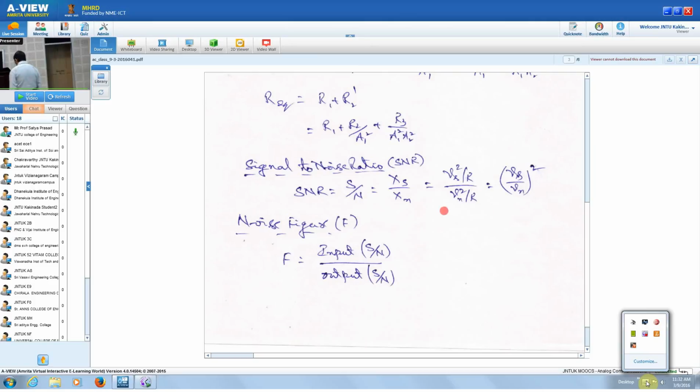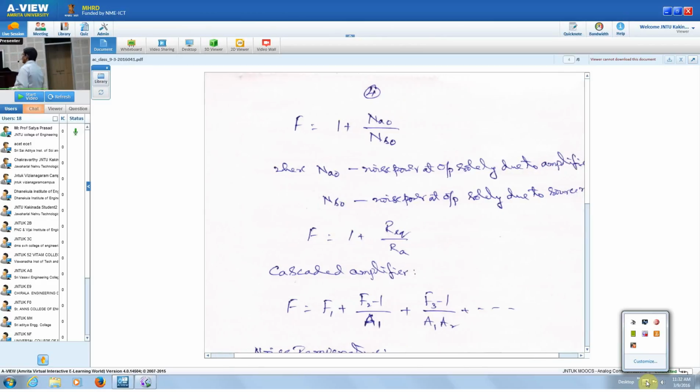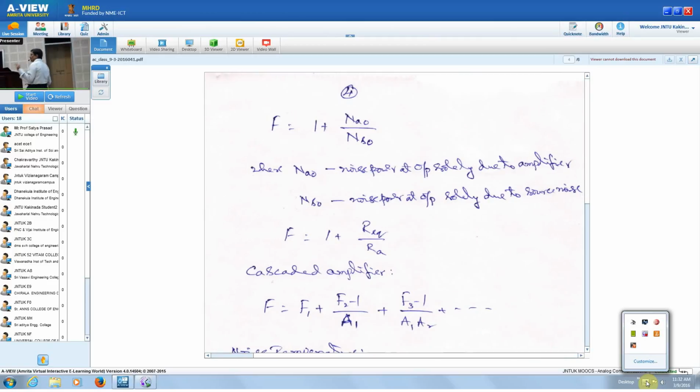So you have two receivers, one with a noise figure of 20, another with a noise figure of 50. Which one is a better one? One is with a noise figure of 20, another one is with a noise figure of 50. 50 or 20?